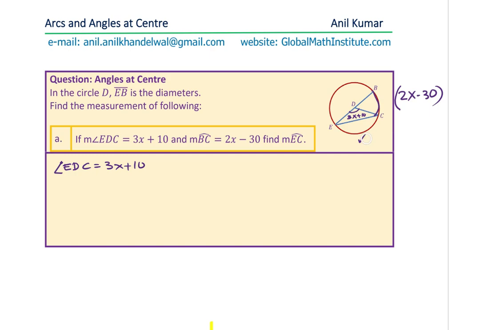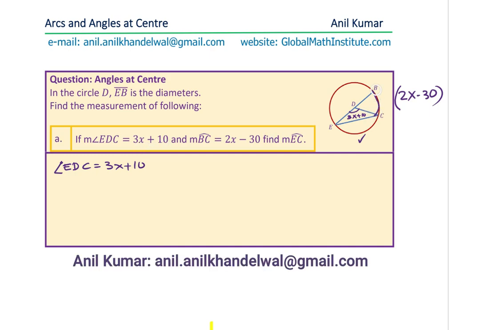To find this, we have to find the value of x itself. You get the idea, right? So how do we figure this out? If I know that the measurement of angle EDC is 3x plus 10, in that case, what should be the measurement of angle BDC?